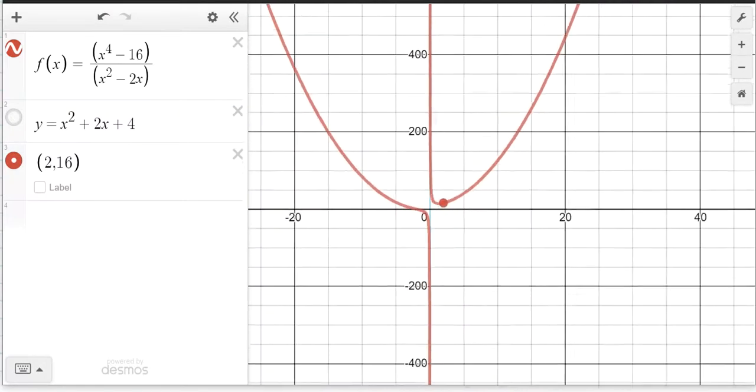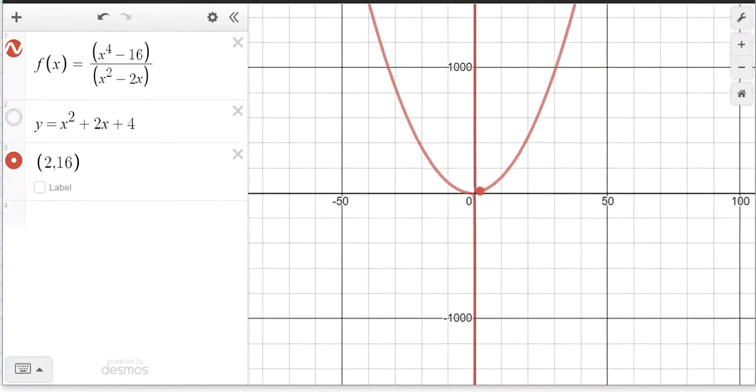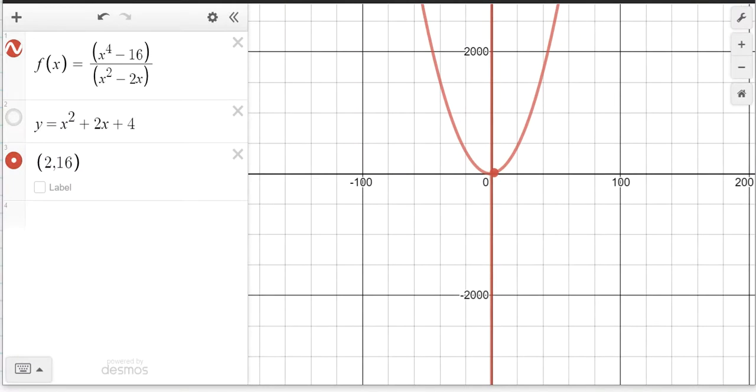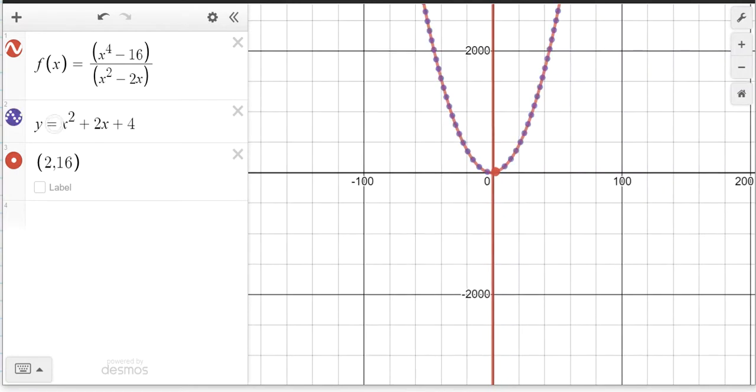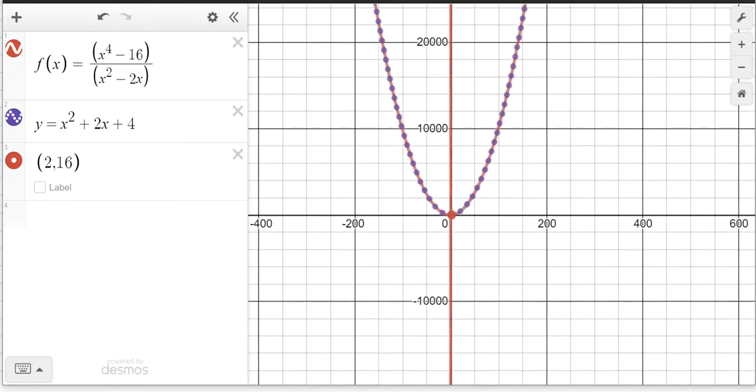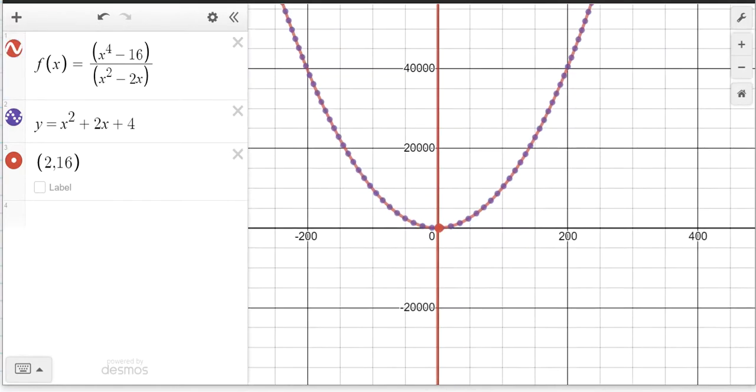Now if I zoom out and really aggressively change the scale here, hopefully you can see the parabola that we were mentioning before. And then also, if I graph that parabola, x squared plus 2x plus 4, you can see how closely the original graph now mimics that outside end behavior.